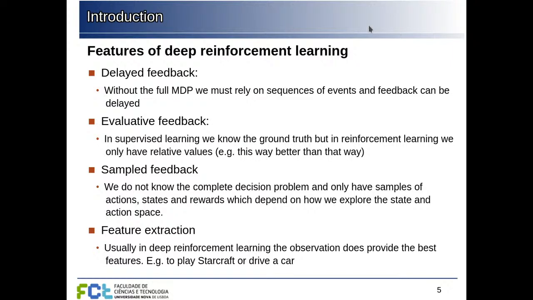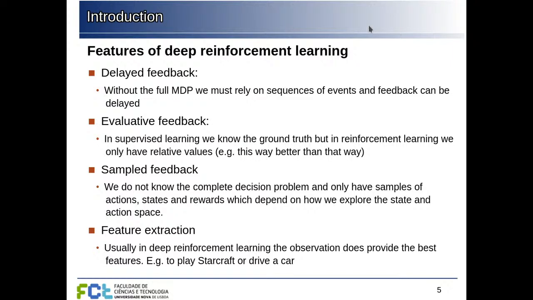Another thing usually the case in the interesting problems is that we do not have an observation that corresponds directly to the actual state or to the relevant attributes in the state. Sometimes we do. If you are training a chess playing program, for example, you can input into your network the actual description of the positions of the pieces on the board.